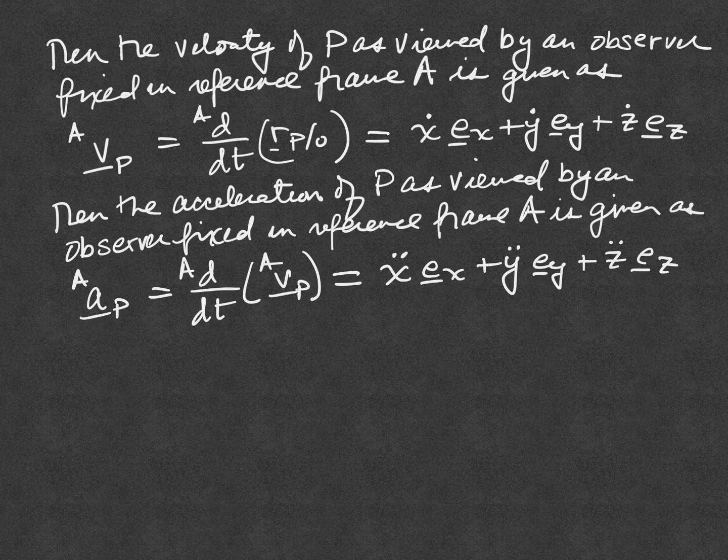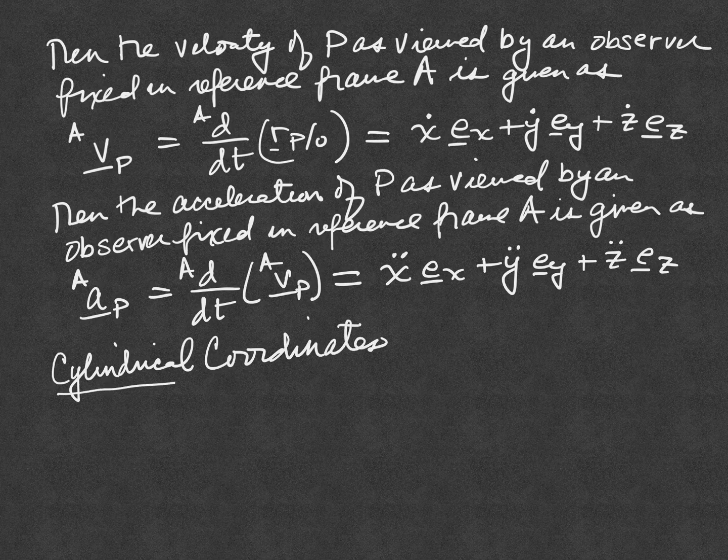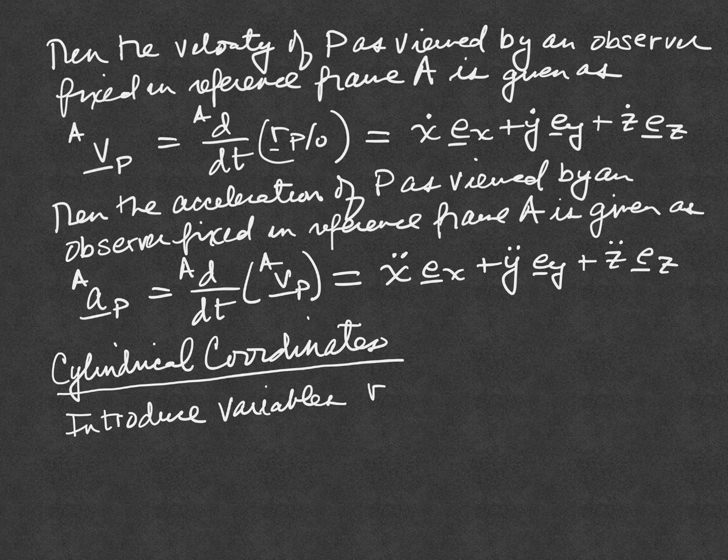So this is now what's called cylindrical coordinates. So that's the end of Cartesian coordinates. Now we're going to talk about cylindrical coordinates. Now, in order to be able to do that, we're going to introduce two new variables, r and theta.